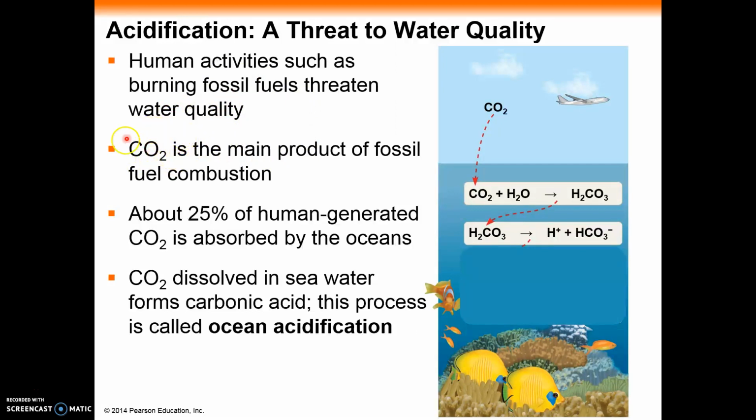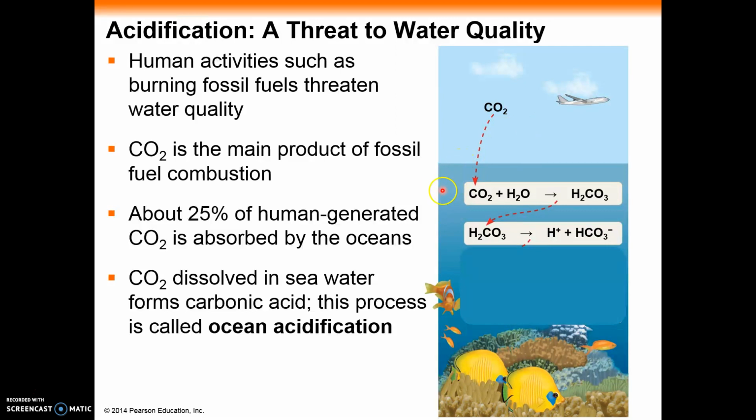All animals, as we consume food, give off CO2 as a waste product. We as humans also release huge amounts of CO2 by burning fossil fuels. So what happens to the CO2? Well, a lot of it gets absorbed into the oceans.